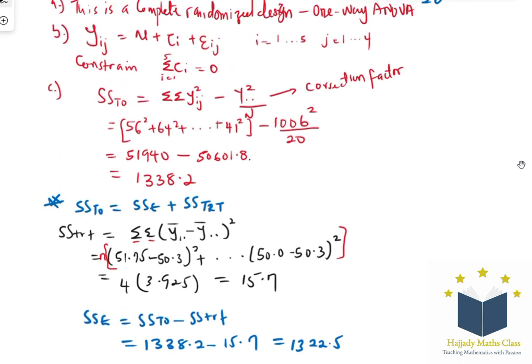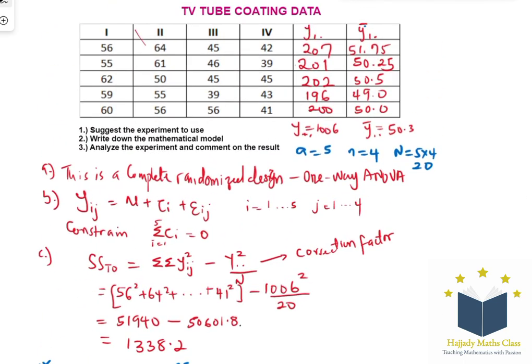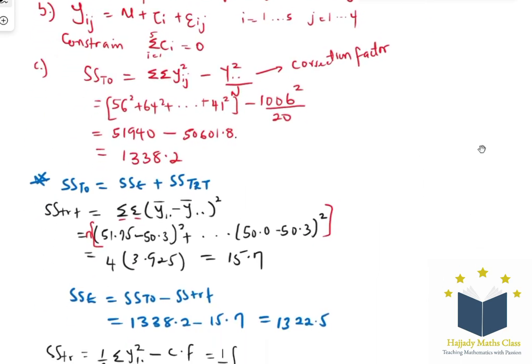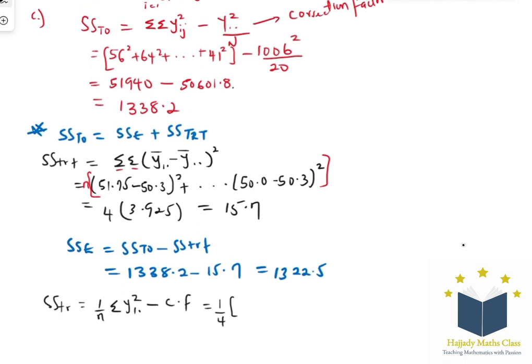Looking up here, my y_i dot is 207 for the first one, 201 for the second one, up to 200. So this is just like having 207 squared plus 201 squared, and up to the last one, which is 200, minus the correction factor.